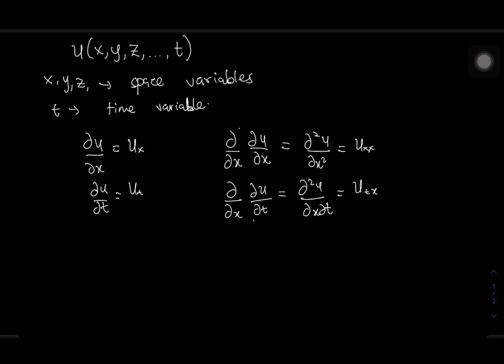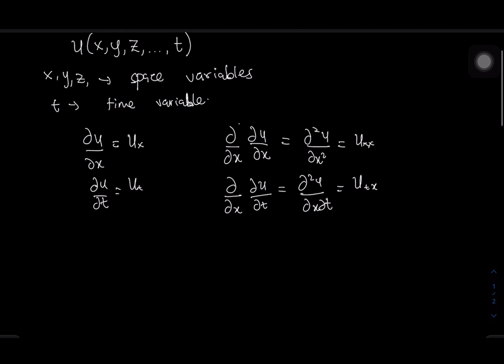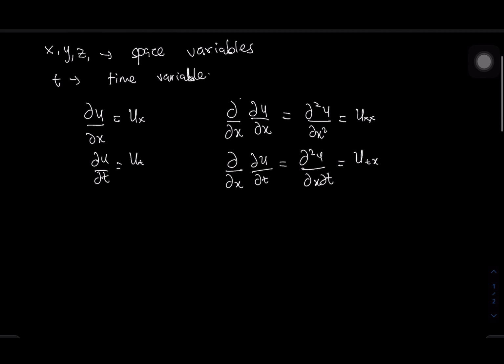This shows that we differentiated t first, and then afterwards we differentiated with respect to x. So that's why I have utx, not uxt. One thing too I would like us to know is that these are the second derivatives, and these are the first derivatives, just in that order.